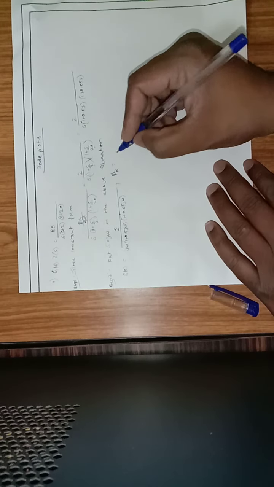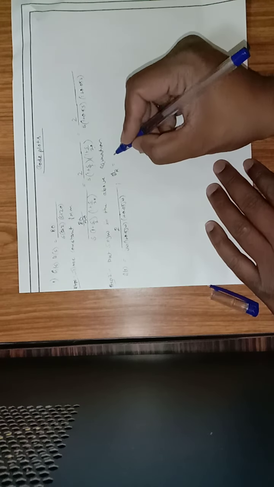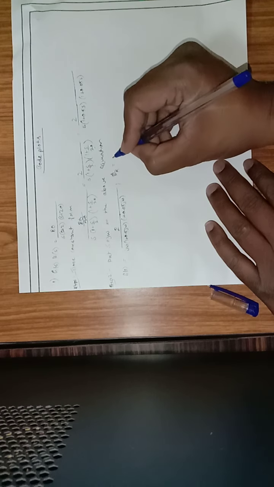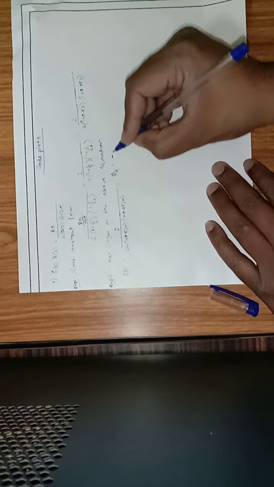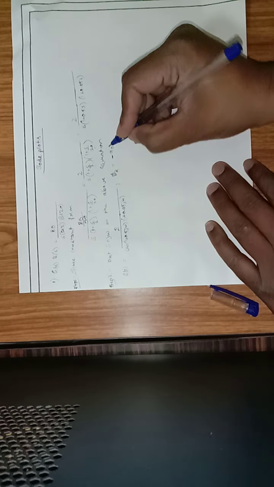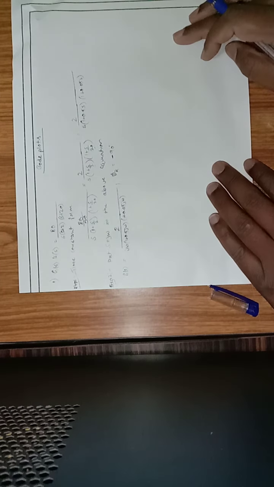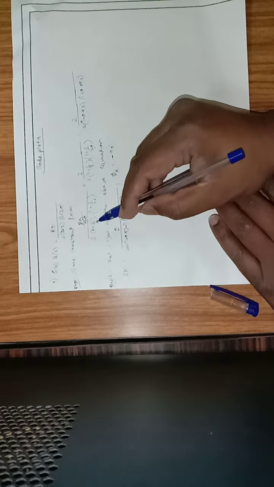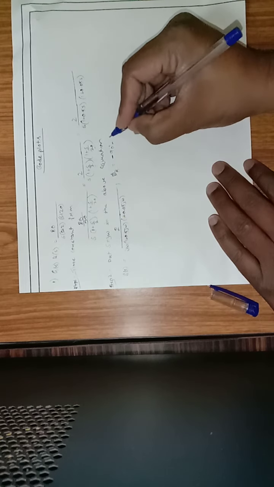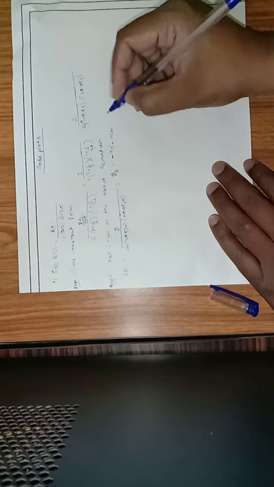Whenever there is a pole at origin, when we are calculating the phase angle, this 1 by s will contribute minus 90 degrees. Next we have 1 plus s by 2, so we have to take minus tan inverse.